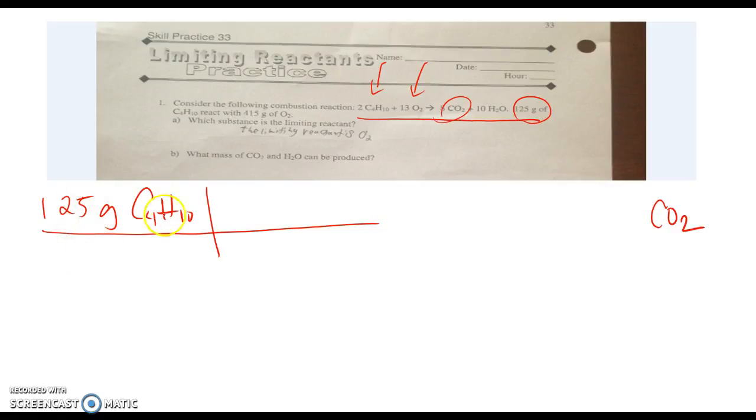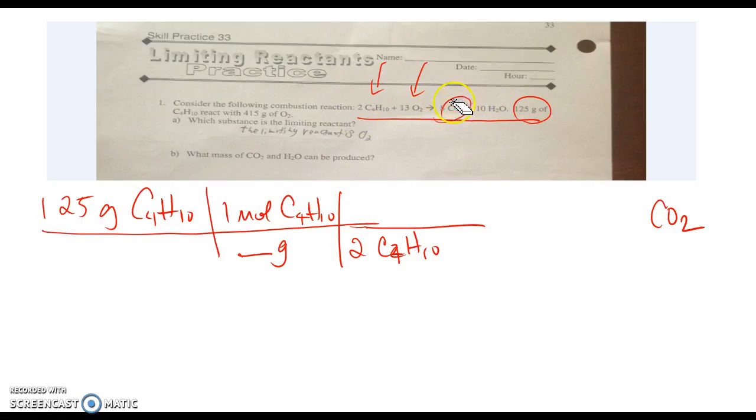So I have to figure out so many grams of this in 1 mole of C4H10. And now we use the mole-to-mole stoichiometry from the balanced equation. For every 2 moles of C4H10, we get 8 moles of CO2.